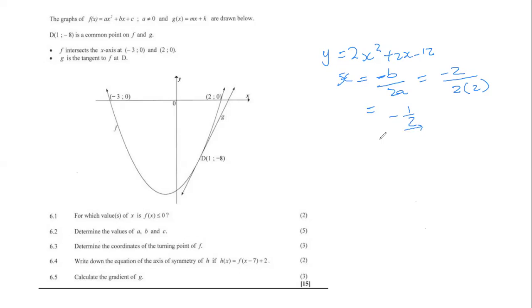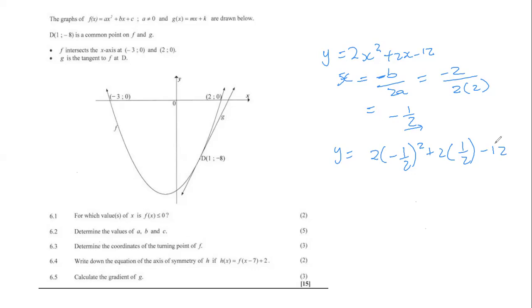Just mute yourself so that you don't disturb others. So this is the x value, and then y is going to be what? We're going to substitute this x value into that. So it's going to be 2 into minus 1 over 2 squared plus 2 into minus 1 over 2 minus 12. Then we press the calculator. You can also do it on your side and see how much we get.